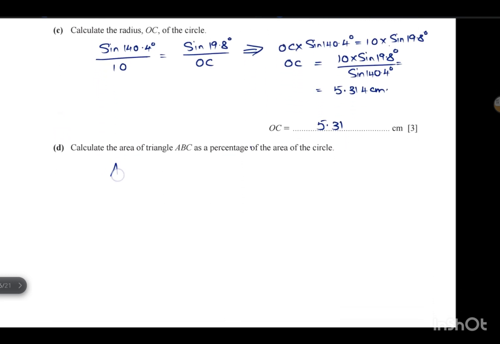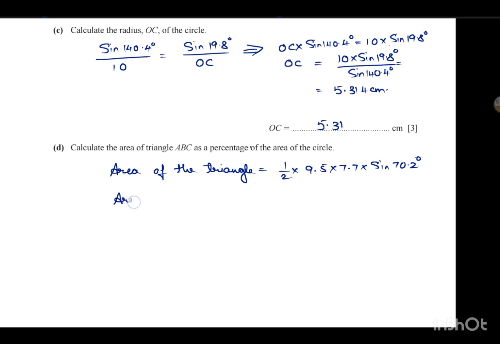So let me write separately. Area of the triangle is equal to half into 9.5 into 7.7 into sine 70.2 degrees. Then the area of the circle will be pi r squared, where r we just now found out, that is 5.31 squared.